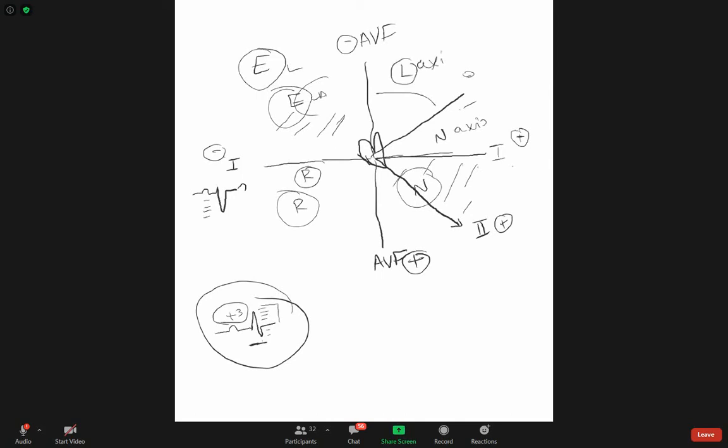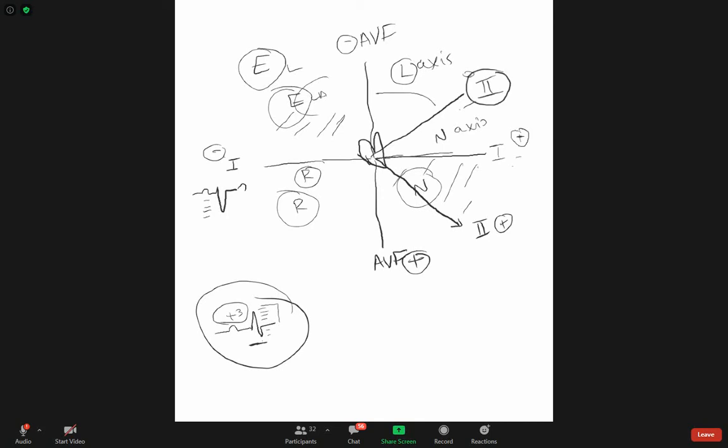But if it's more than 30 degrees, it's going to be a left axis deviation. So if you have an ECG with a positive lead 1 and a negative AVF, you can be either normal axis or left axis deviation. You need something else to see: lead 2.